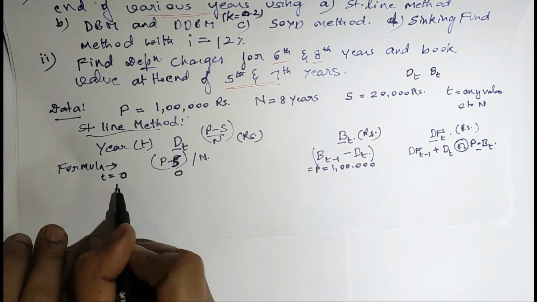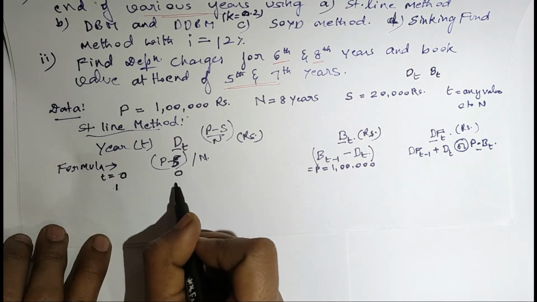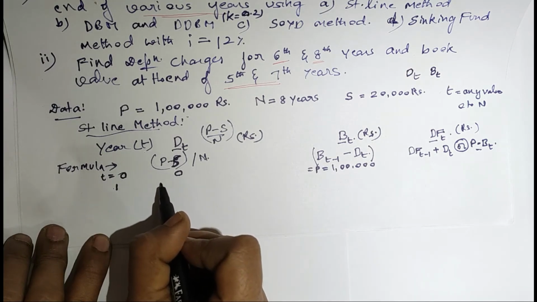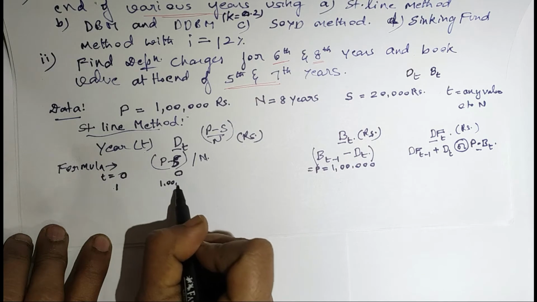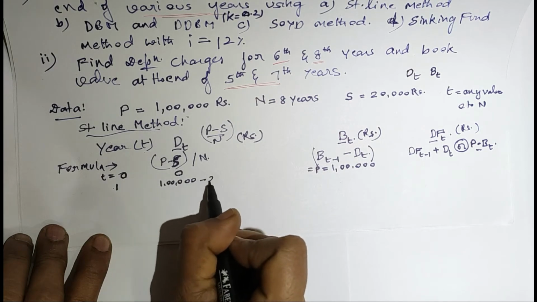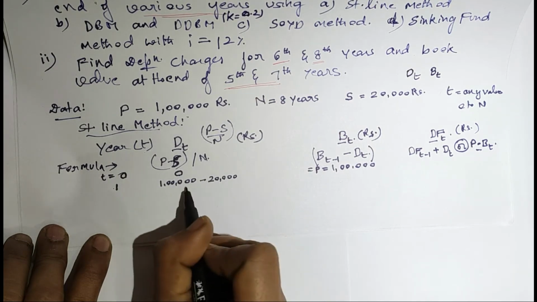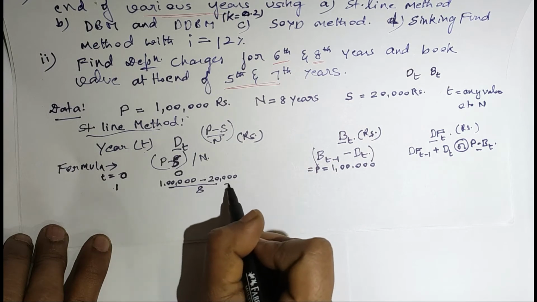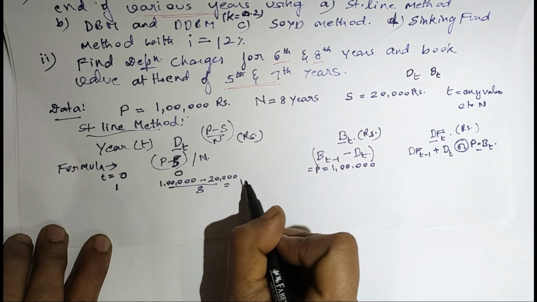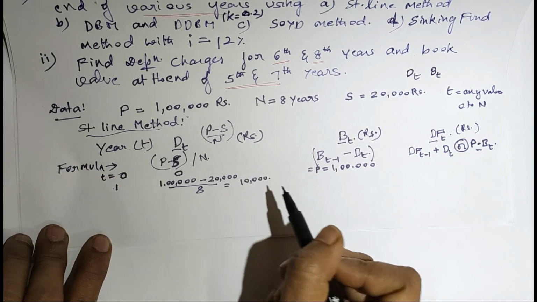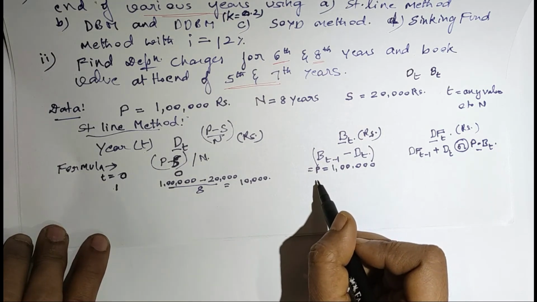Now T is equal to 1. So what is the formula? The formula says (P minus S) by N. 1 lakh minus 20,000 divided by 8. So it comes to 10,000 if you calculate. Then B(T minus 1) minus D(T).